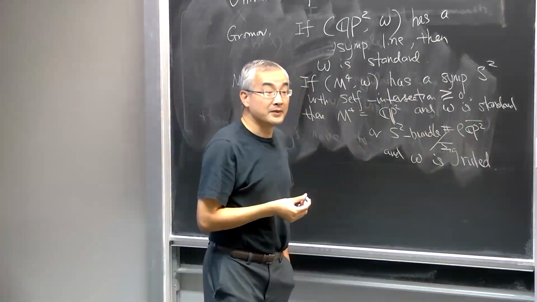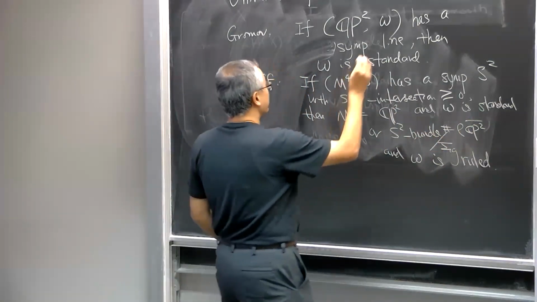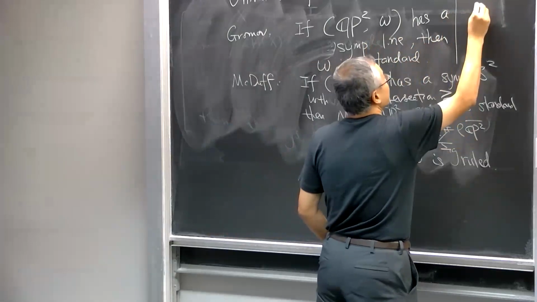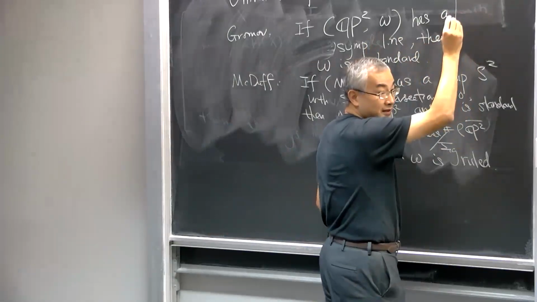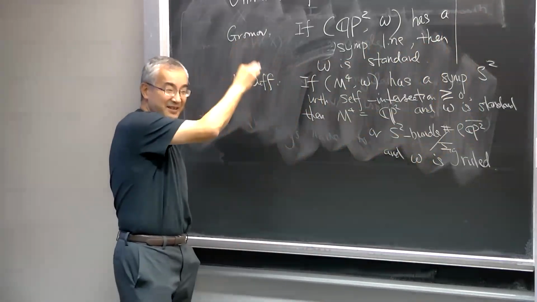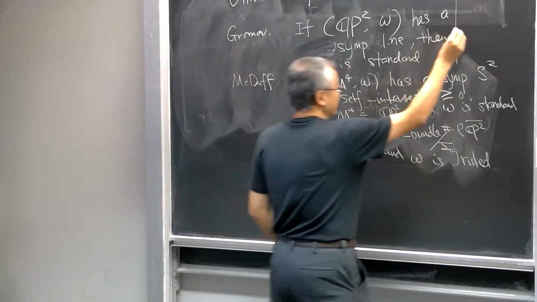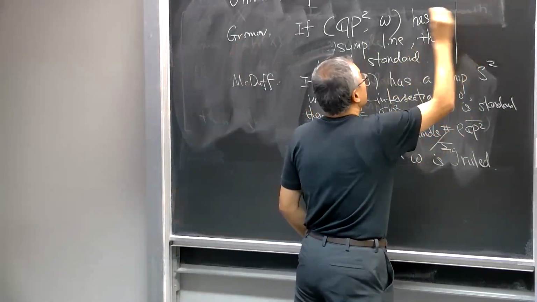When the base is S2, this was proved by Gromov. When the base is not S2, it was proved by McDuff and me. We classified the ruled surfaces. I'm going one step at a time.